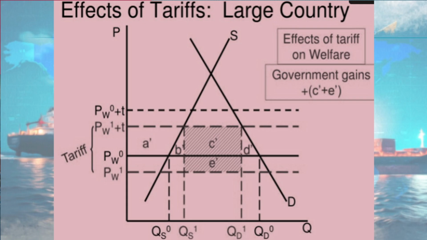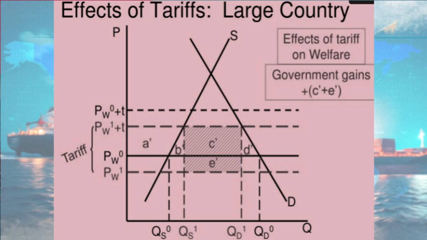Now what will be the effect of the tariff on welfare and government gains? When a tariff is imposed by the large country, is the government earning some revenue or not? Obviously, when a tariff is imposed, the government will gain. What would be the amount of gain? The amount of gain is shown by C dash plus E dash, combining both, the rectangle area, is the government gain.